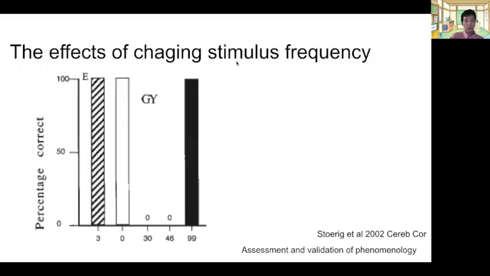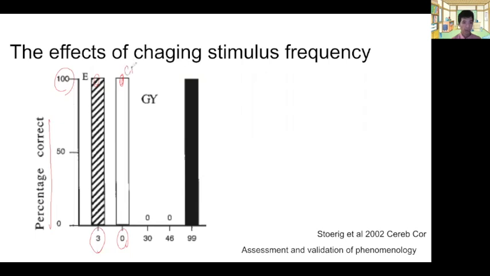And here is the result. First, when GY was presented with the good field, in all the trials GY was able to detect the stimulus with 100% accuracy. And also when the stimulus was not presented at all, GY responded, no, I didn't see it, with 100% accuracy.